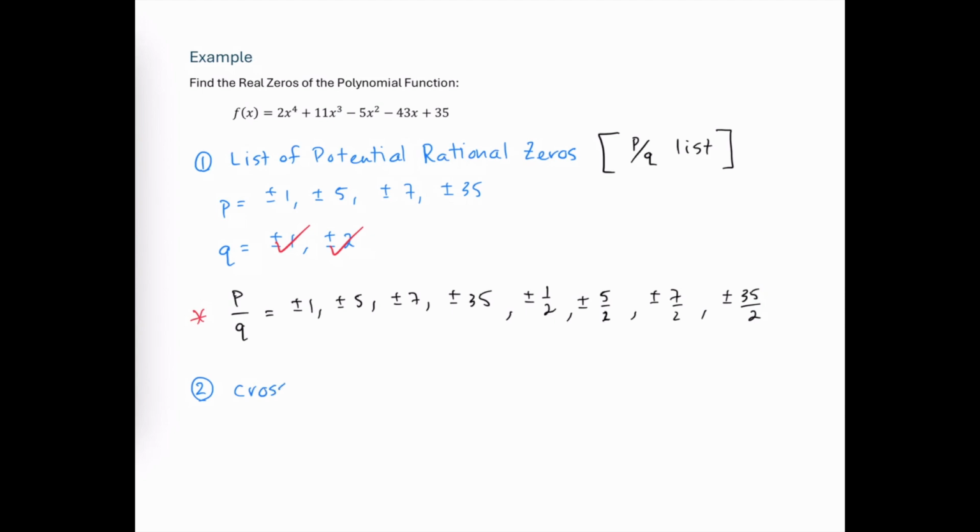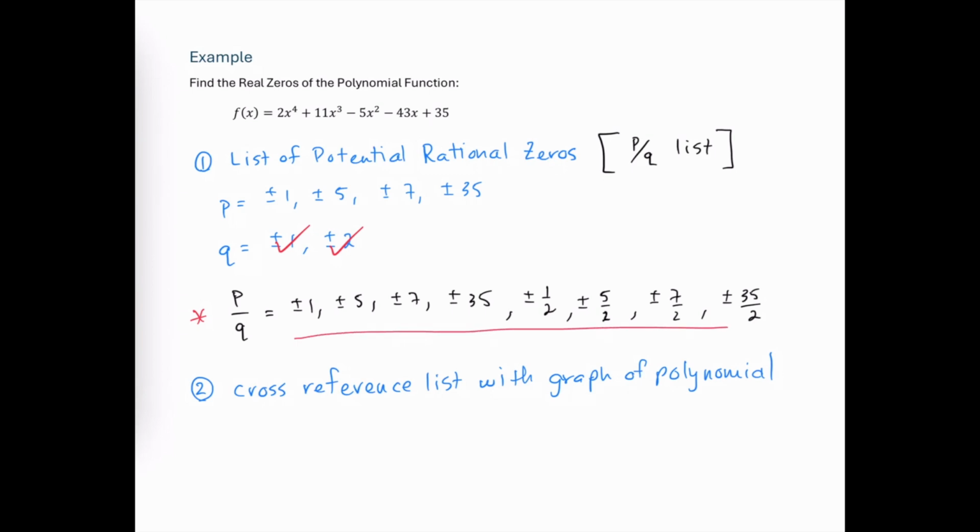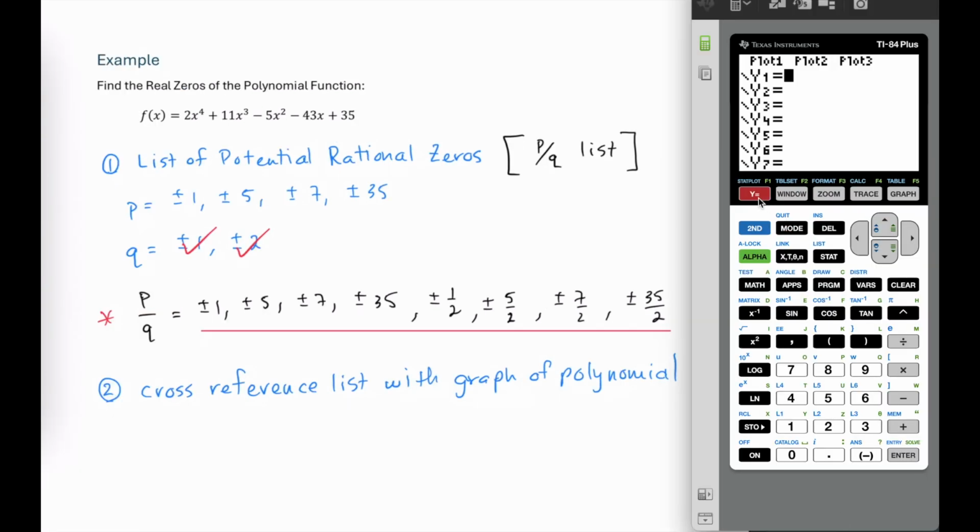Now we're going to cross-reference this list with the graph of the polynomial. And that'll tell us which one of these potential zeros appears to also be an x-intercept on the graph. So let's come over here to our graphing calculator and put in the polynomial function. And when we come over to the graph, it's kind of hard to see what's going on here.